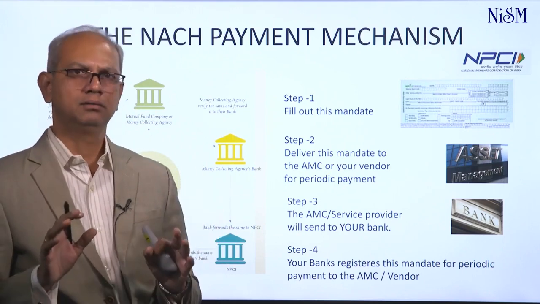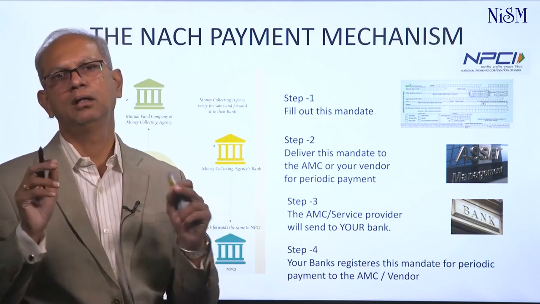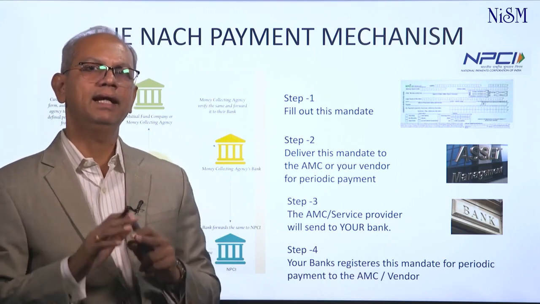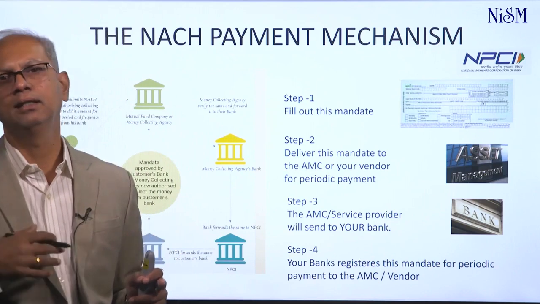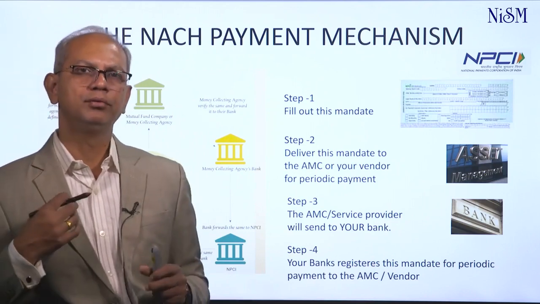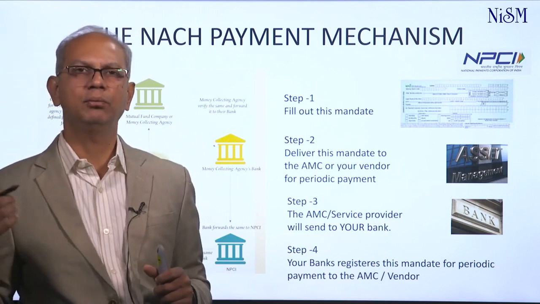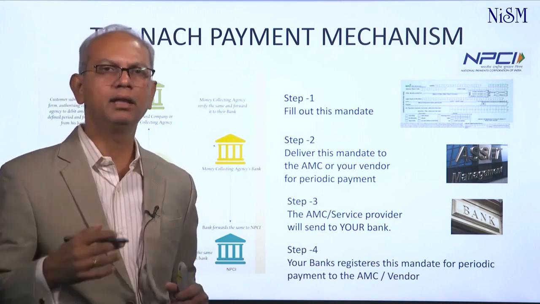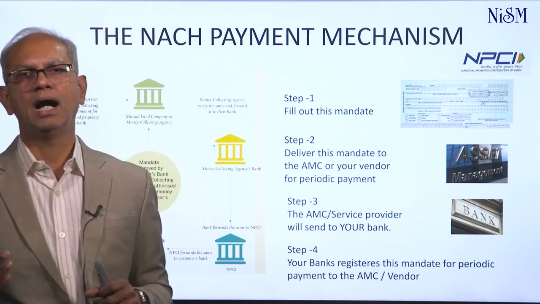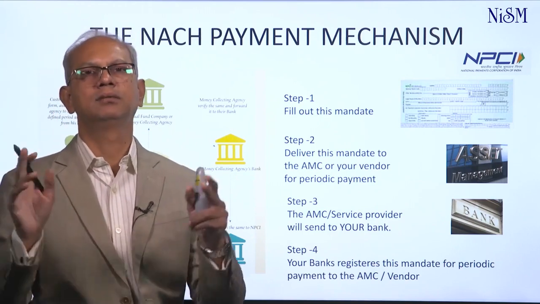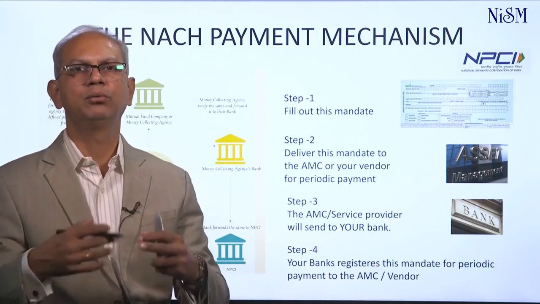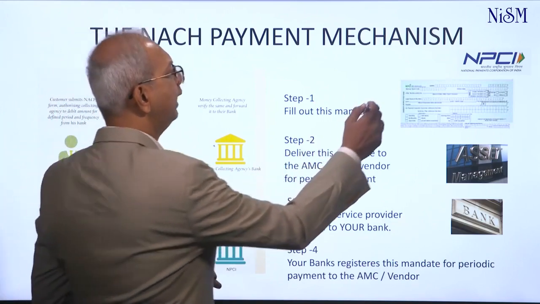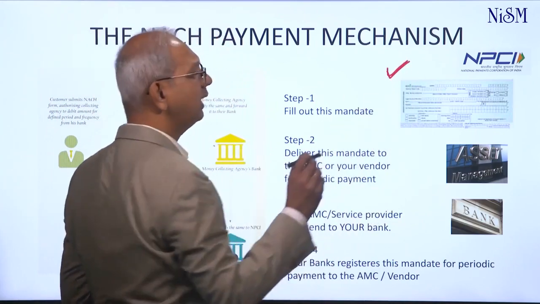The savior, one single activity that you do, will save the entire monthly rigmarole of you sending debits from your bank account manually, or you triggering the debits, or somebody else reminding you that you need to honor your SIP. All of that is basically taken care of if you sign the NACH mandate.